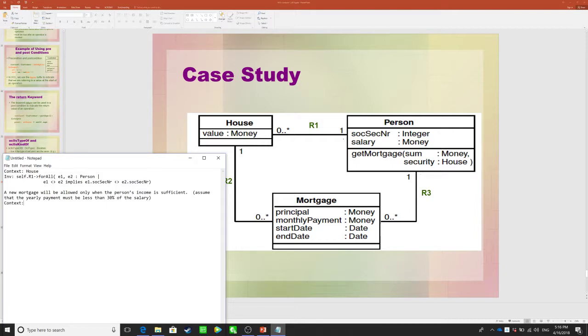Then we're triggering something, we justify if that's allowed, right? So there is an operation in the person called getMortgage, right? So we will do this person, and we want to get into this operation, getMortgage, and so on, some money, security.